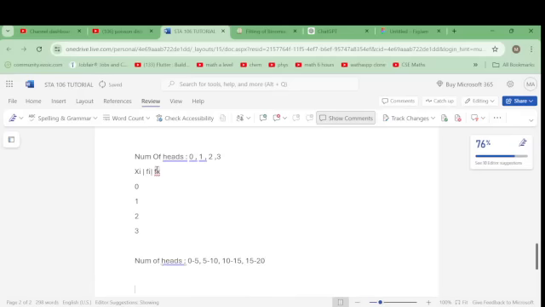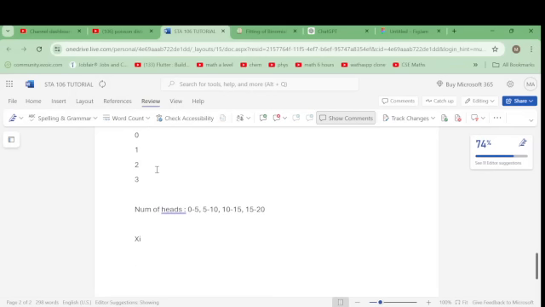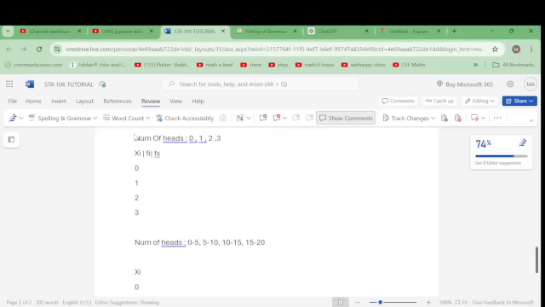When making this table, you can use anything for xi, but we are told to use the lower bound. Just make sure whatever you use is the same for all. You can decide to do 0 plus 5 divided by 2, or just use what the lecturer said: 0 here, that's the lower bound, 5 for the second one, 10 for the third one, and 15 for the fourth one. That's how you find your x for your table.